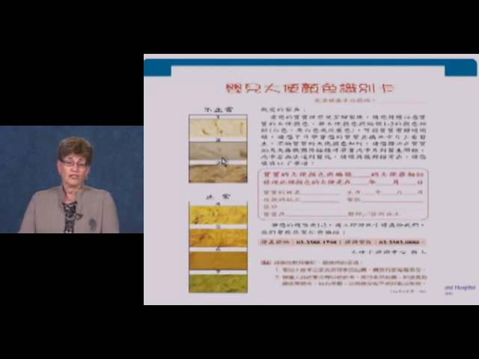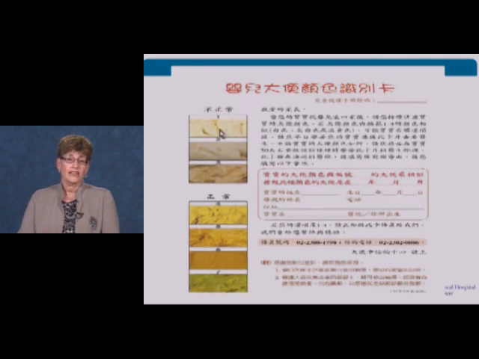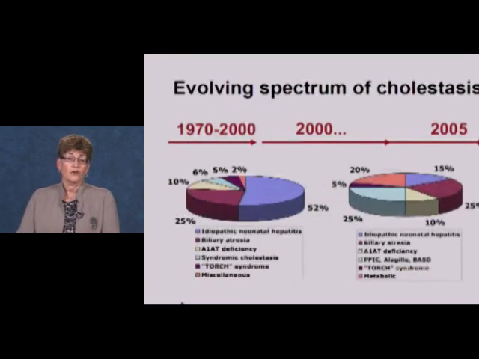Parents are sent home with these cards and are supposed to send them in to denote what color the stool is, and if the stool color is in this area, then they are brought in earlier rather than later to check them out.